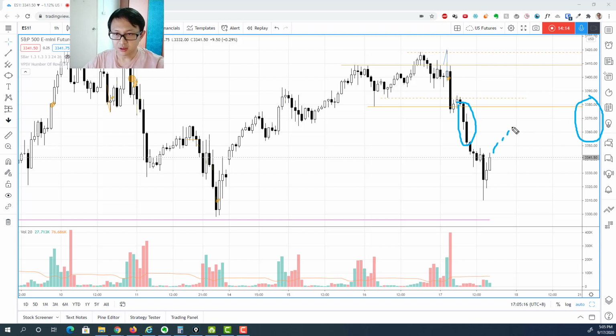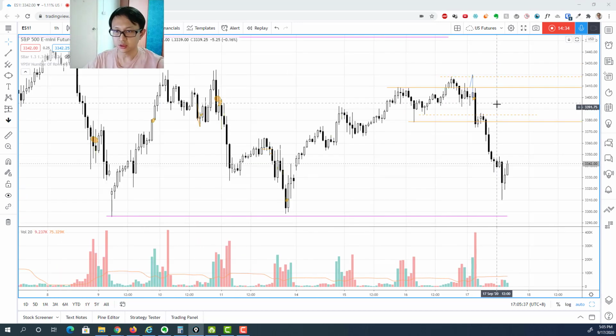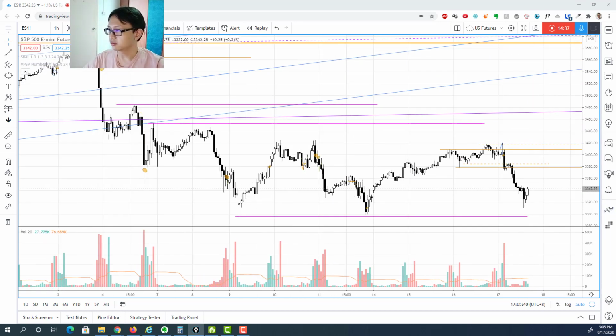So if it can go back, I want to see how it interacts within the supply zone right here, and any type of possible reversal could be a nice short entry to trade it to the downside, because right now I think it's very likely for S&P 500 to at least test the immediate support level at 3300, and we'll need to see whether it will just break this level or bounce back up.